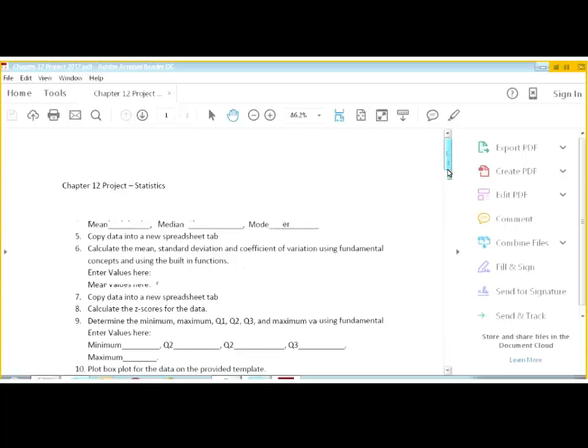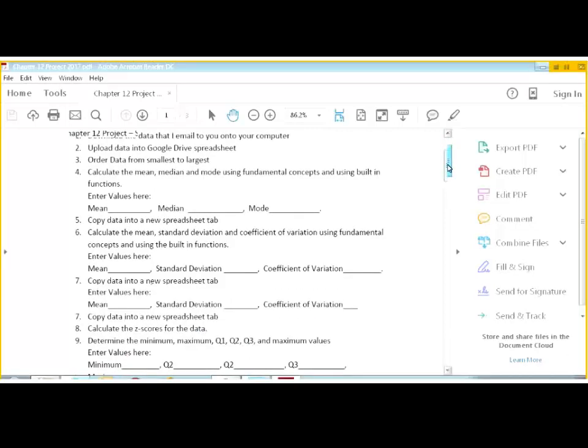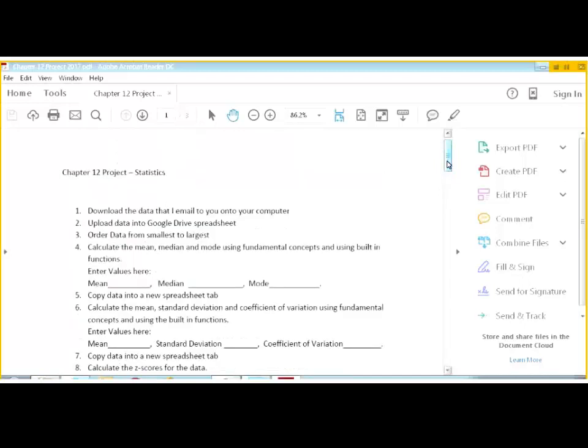Okay, so by the way, if you end up with any issues in doing the project, what I would suggest is you come to the library during my office hours and open up your project, and then you can just come and see me and say, hey, I don't understand how to do this, and I'll walk to your computer and show you what you need to do.